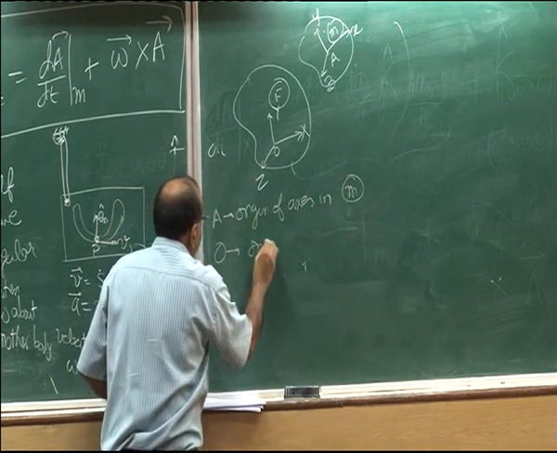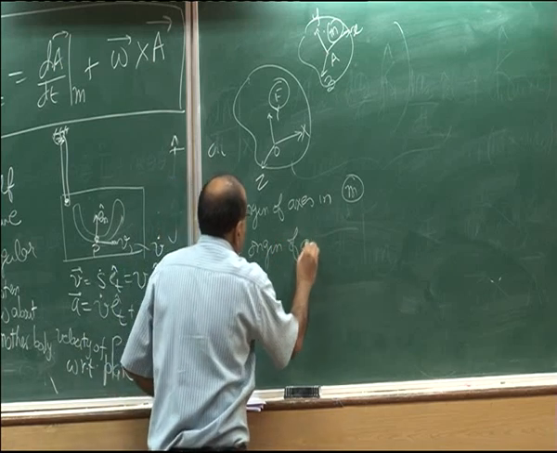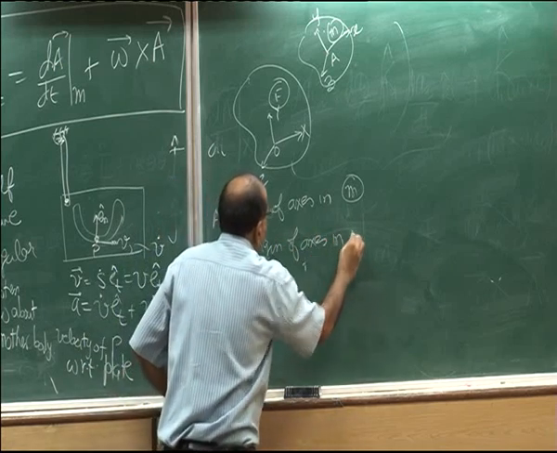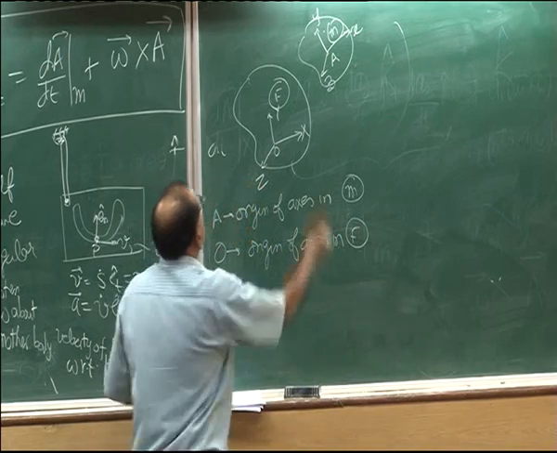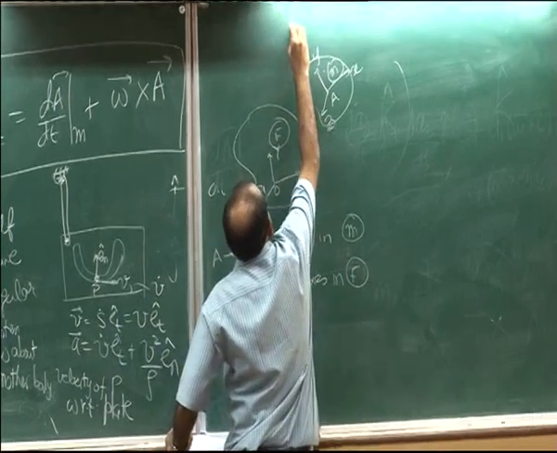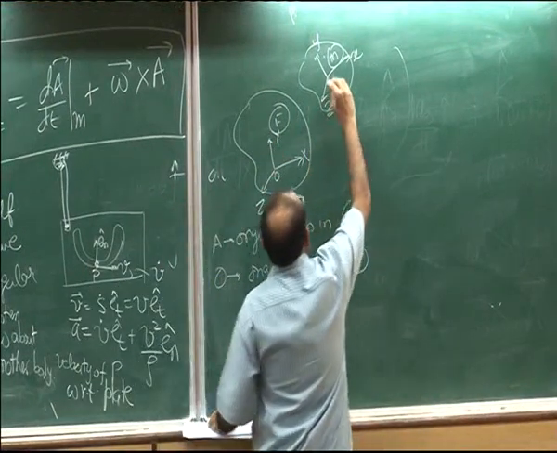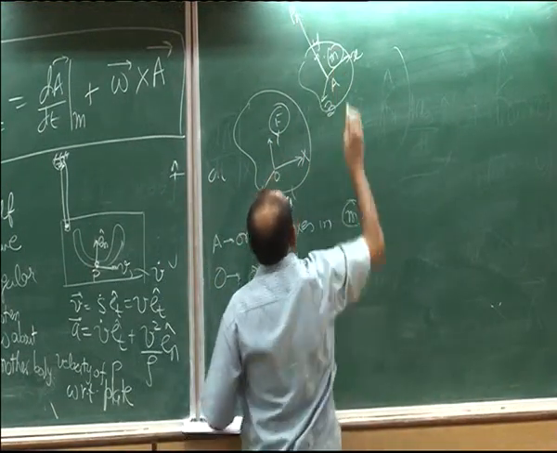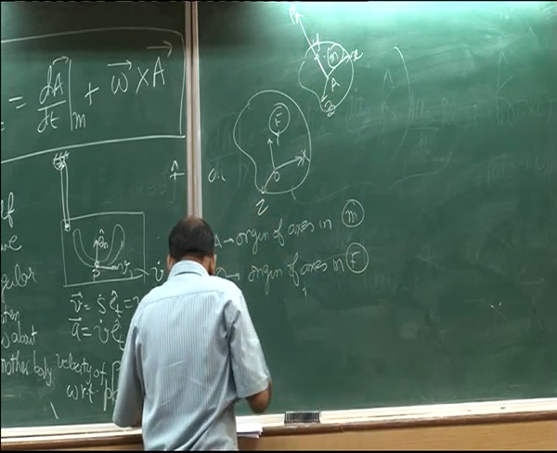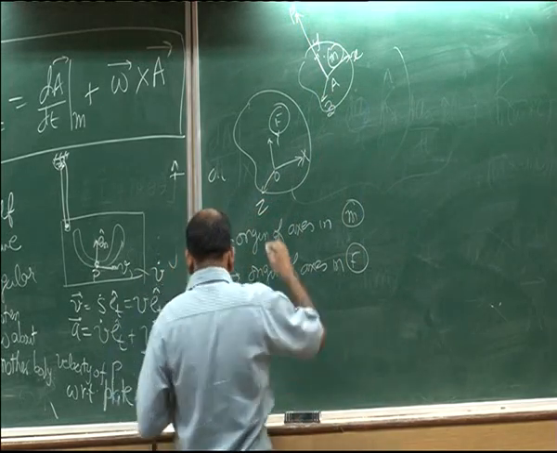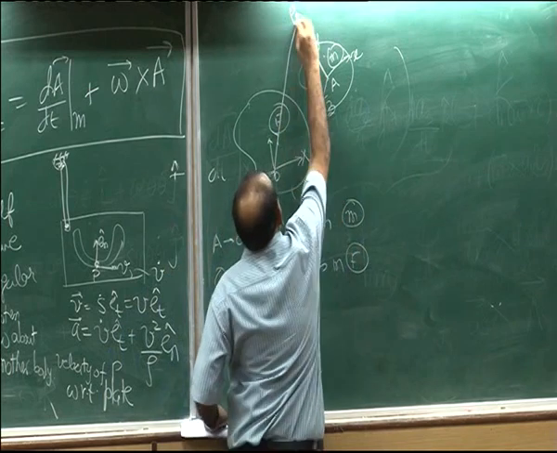O is the origin of axes in F. There is a point P which is moving. So we have the position vector AP and the position vector OP.